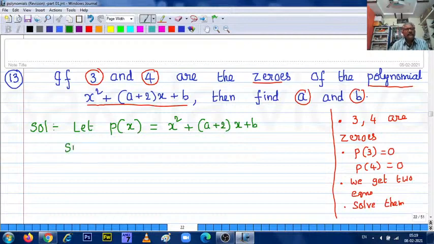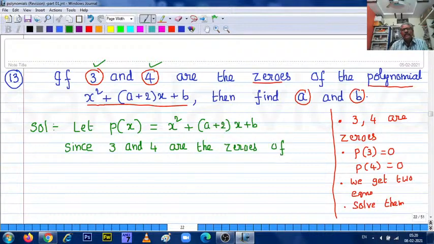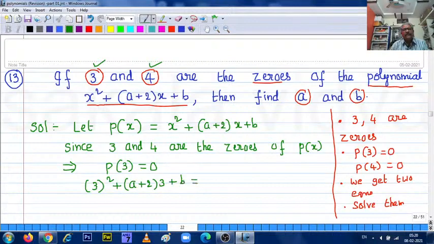Now since 3 and 4 are the zeros of p of x, that implies p of 3 equal to 0. P of 3 equal to 0 means in the place of x, substitute 3. We get 3 square plus (a plus 2) times 3 plus b equals to 0.